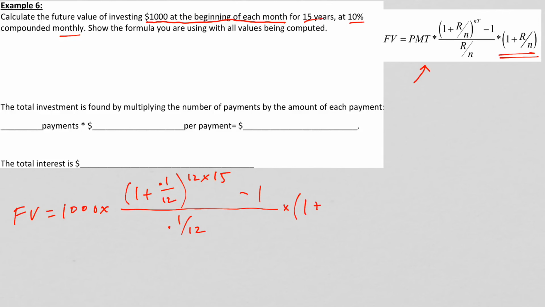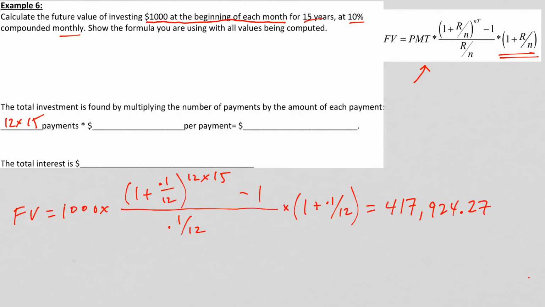Okay, so this is going to be 0.1 over 12. This should come out to, make sure you're doing this on your calculator so that you're confident that you can do this on your own. But this should come out to $417,924.27. Okay, so in order to calculate the interest, we are going to make payments monthly, so 12 payments a year for 15 years.